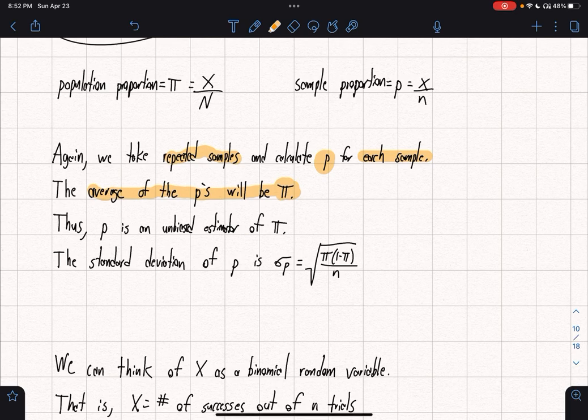So we can say that p is an unbiased estimator for pi, just as x bar was an unbiased estimator for mu. And then finally, when we calculate the standard deviation of p, sigma p, we're going to use this formula, which is the square root of pi times 1 minus pi, divided by n.